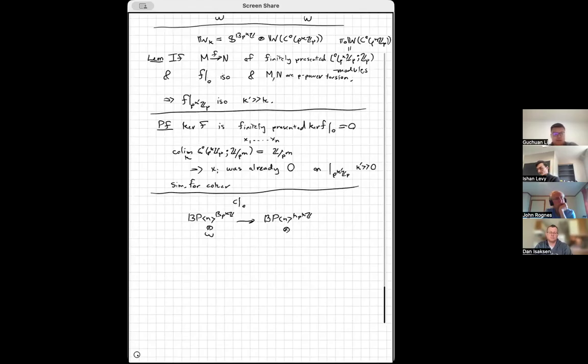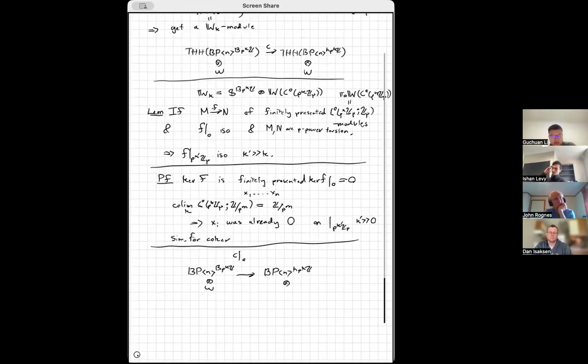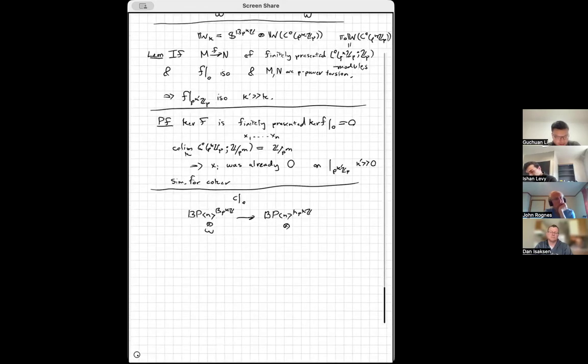Well, wait. So I guess the claim is that this map is easy to see as an isomorphism for k sufficiently large. So I can try to explain why. So what you can observe is that these, as k varies, are almost compact.